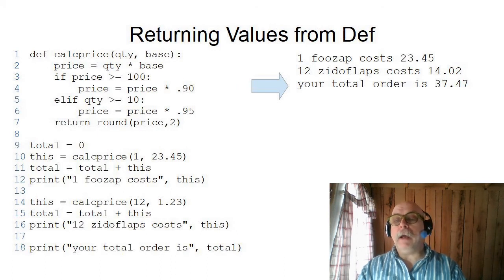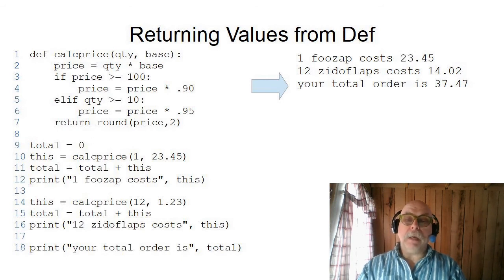So you can look here on line 10, where I calculate the price of one Fuzap at $2.45, and it returns the value and saves it in the variable this. On line 11, I then set total equals total plus this, and you can see up on line 9, I initialize total at 0. So now total has $2.45 in it, and on line 12, I print one Fuzap costs this.